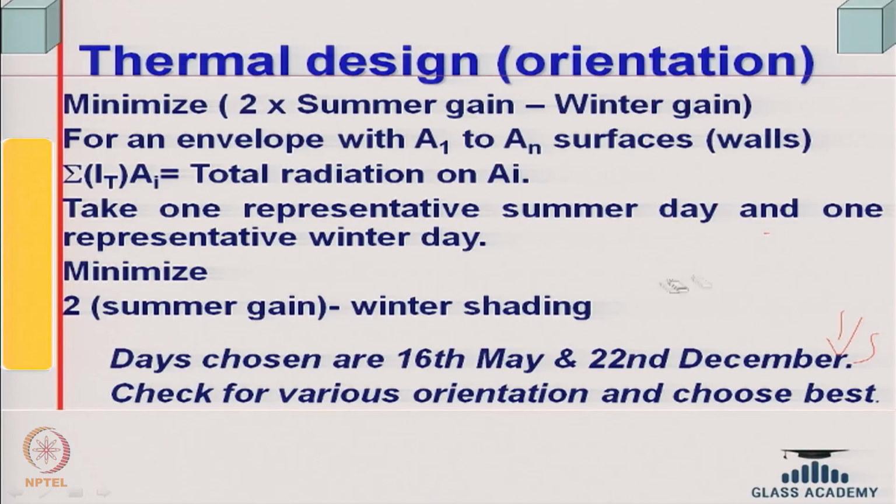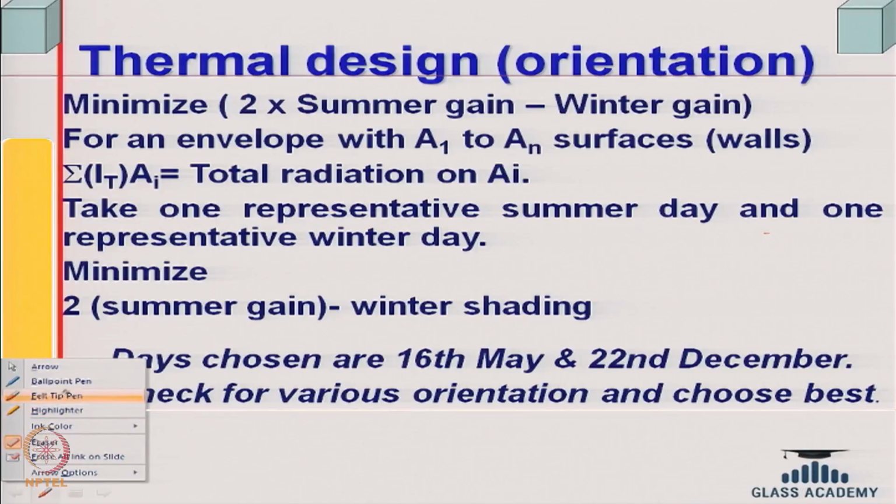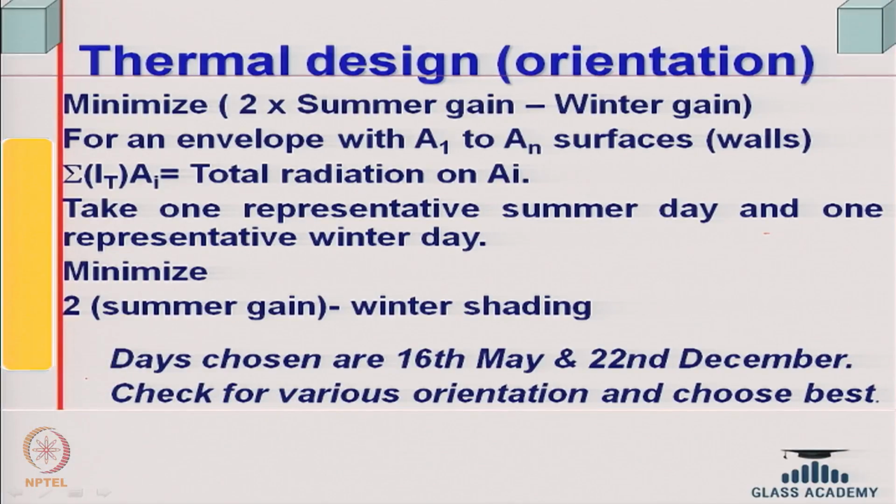the special publication of the Bureau of Indian Standards related to energy efficient, functional design of buildings other than what is called industrial building. What it says is minimize twice summer gain minus winter gain. I mean, it does not say that, but I am saying the philosophy would be to minimize twice summer gain minus winter gain.